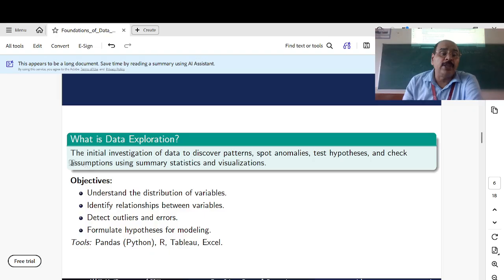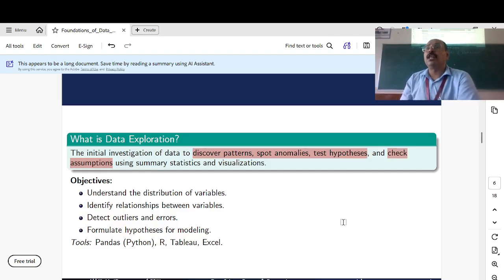So data exploration means initial investigation of data to discover patterns, spot anomalies, test hypotheses, and check assumptions. These are the points you can underline in your exams when you write the answers, which can fetch you more marks. Using summary statistics and visualizations.